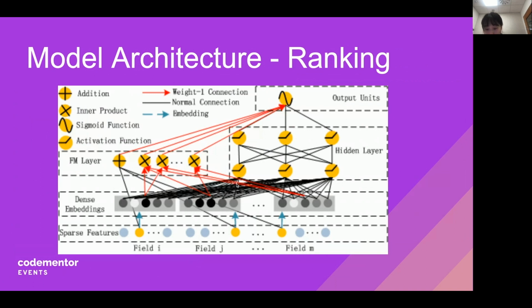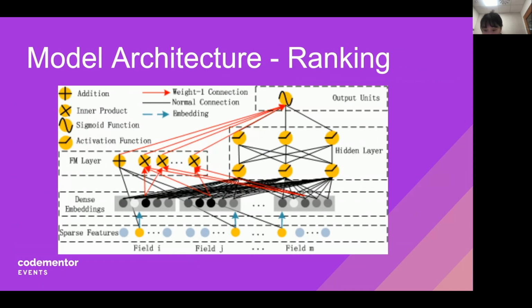The other big advantage brought by FM is that it can support automated second-order feature cross, which improves the model expressivity. Deep neural networks conduct high-order feature cross and extract high-level abstract information. FM and deep neural network results are later combined through logistic regression.